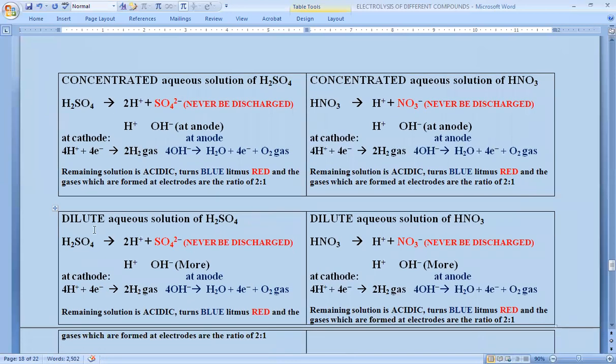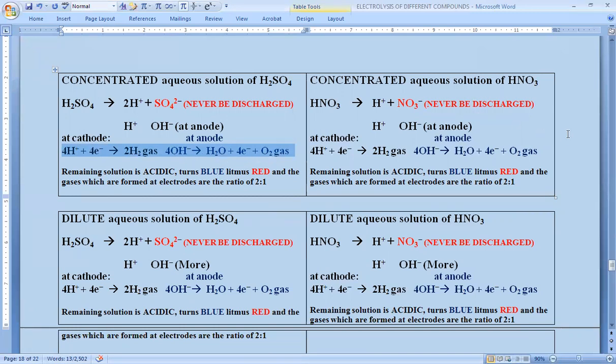What is the similarity of the case of dilute aqueous solution of H2SO4 and aqueous solution of nitric acid? The results are the same. Hydrogen gas is produced in the ratio of 2 and oxygen gas in the ratio of 1, by the traveling of hydroxide ion and its decomposition into water molecules and oxygen gas.